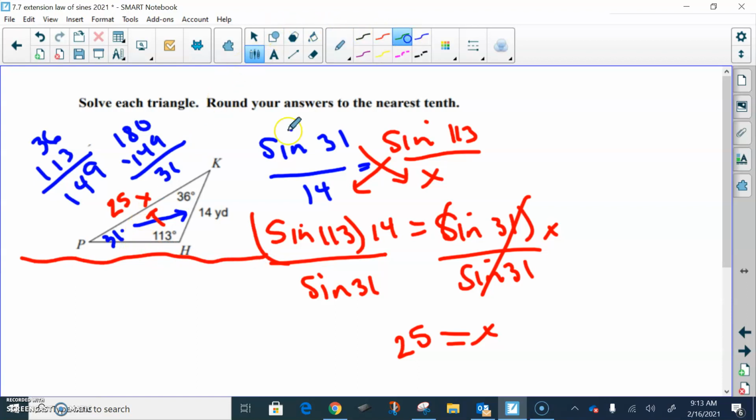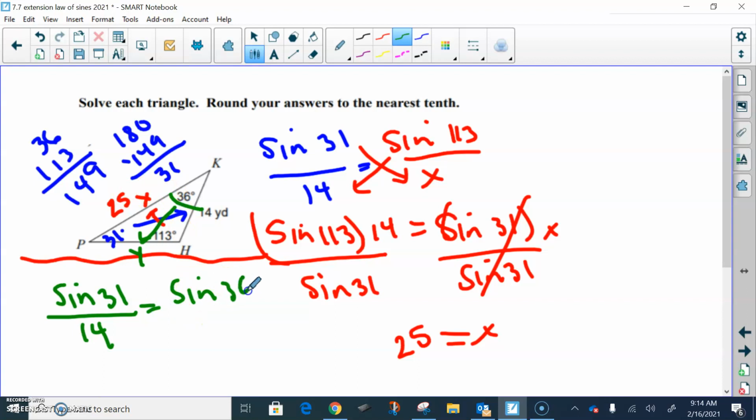So this time we're going to use the 36, and I'll just call this y. So we're going to start the same way. We're going to say sine of 31 over 14, over the side it's across from, as the sine of 36 is to y. We're going to cross multiply.